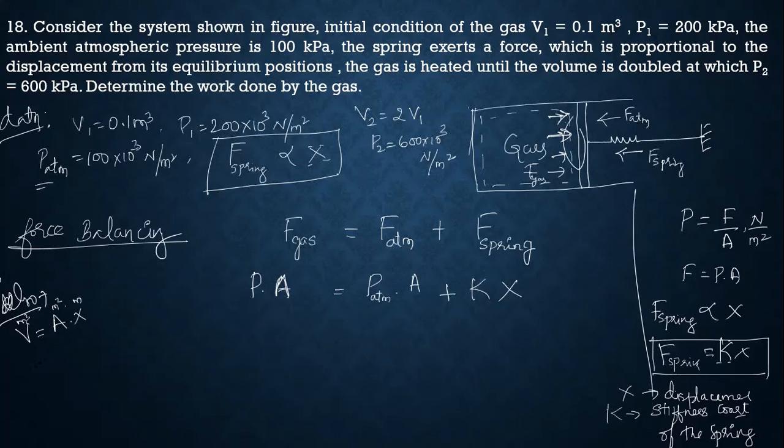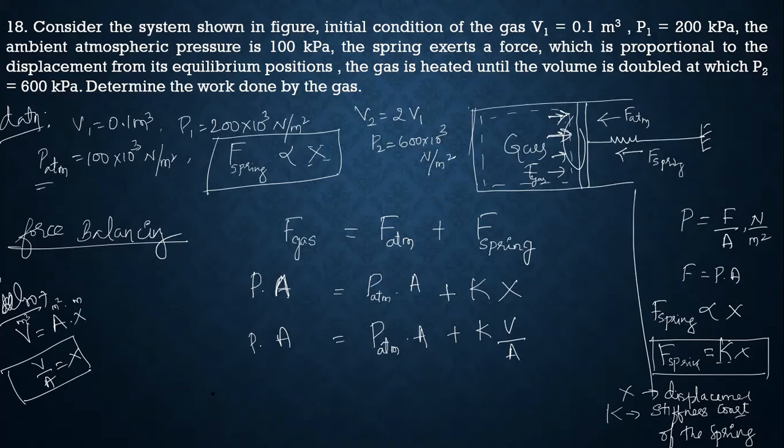Now X I can write as V by A. What I'm trying to do is keep every expression in terms of area.